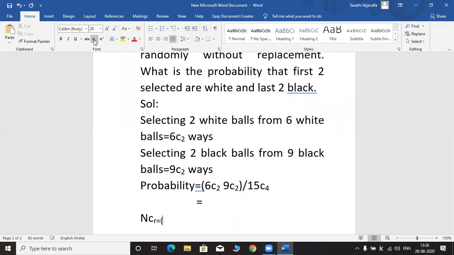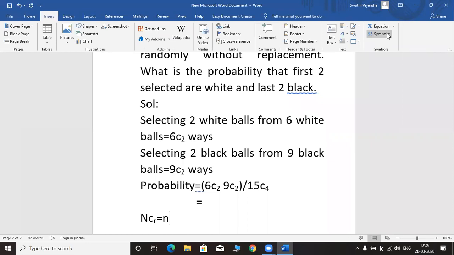Do you know that formula? NCR is equal to n factorial by n minus r factorial into r factorial, isn't it?